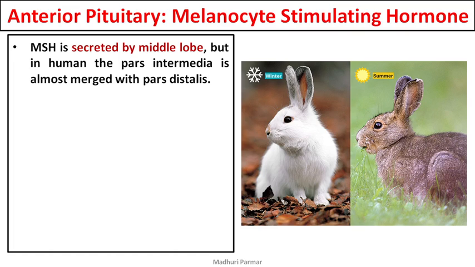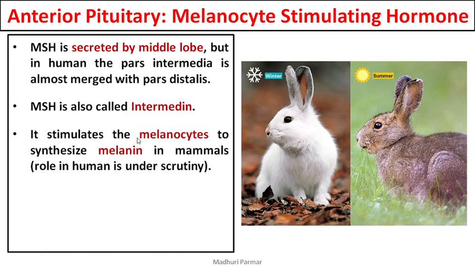But as we have already discussed, in humans this pars intermedia, or pars media, is almost merged with the pars distalis. So we can conclude that MSH is secreted by your anterior pituitary only. MSH is also known as intermedin because it is secreted by your pars media.